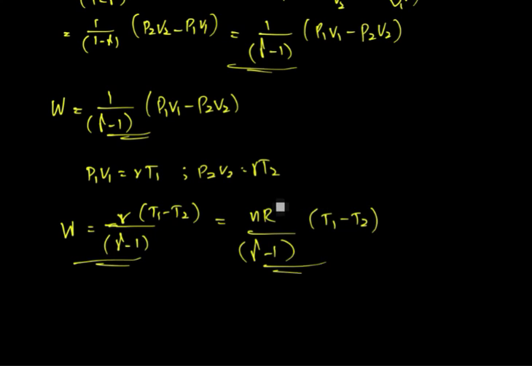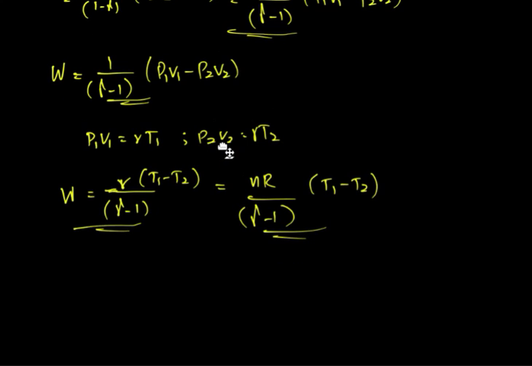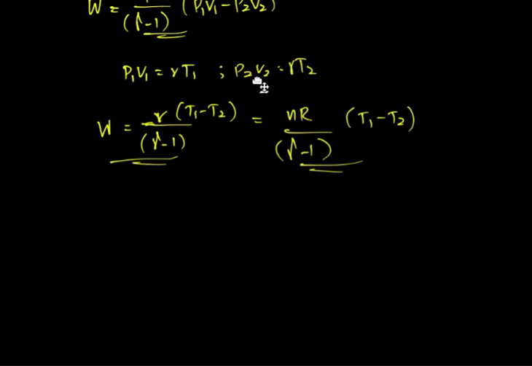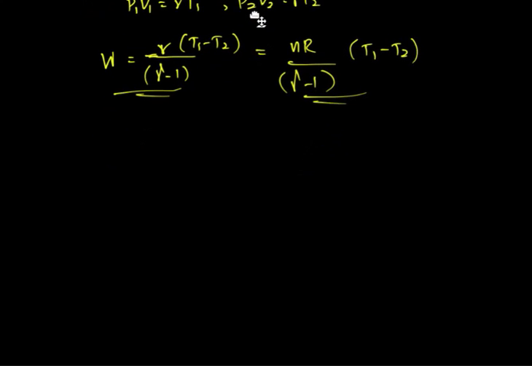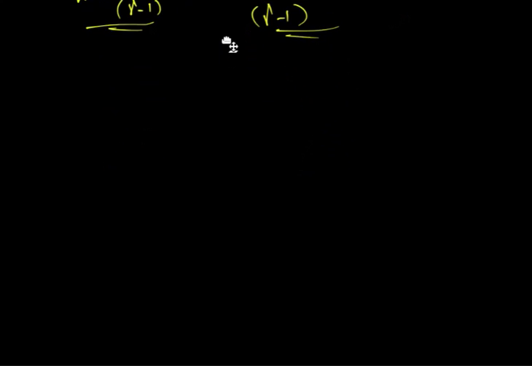So during an adiabatic process, the internal energy of the system decreases. We will discuss what the internal energy is all about, but just remember here that the work is done by a system during an adiabatic process at the expense of its internal energy.